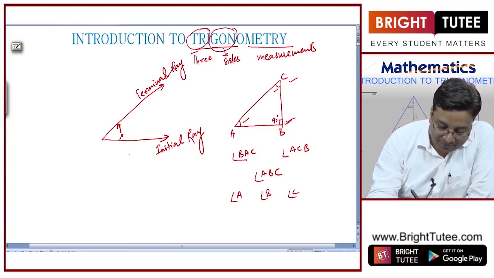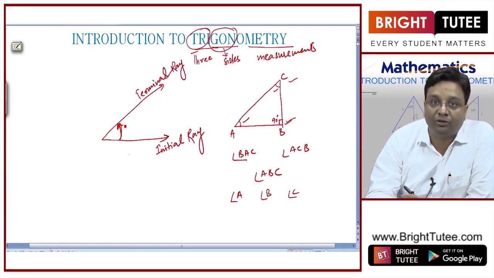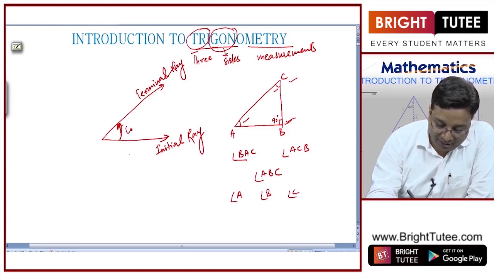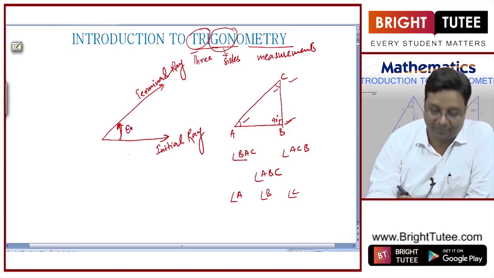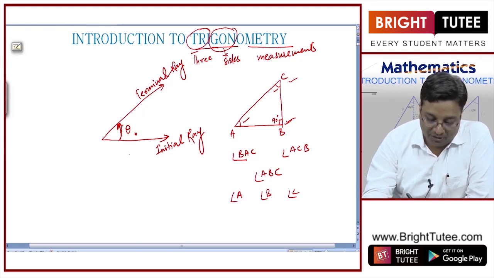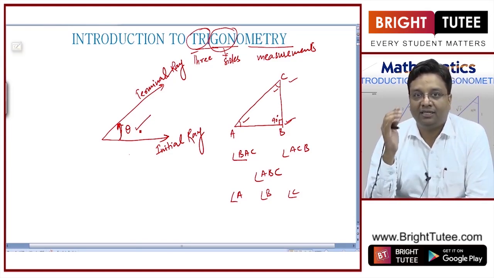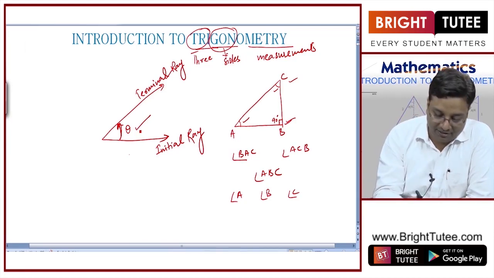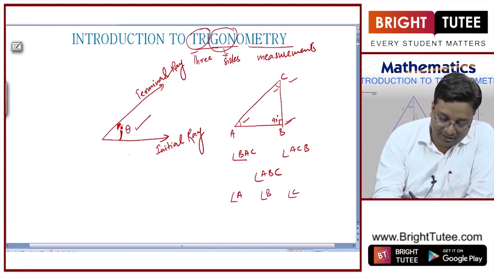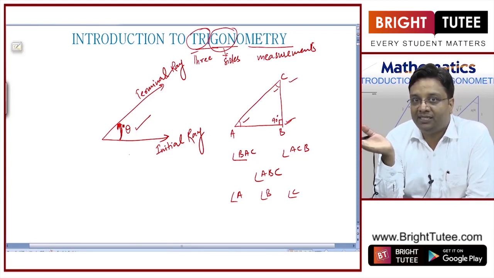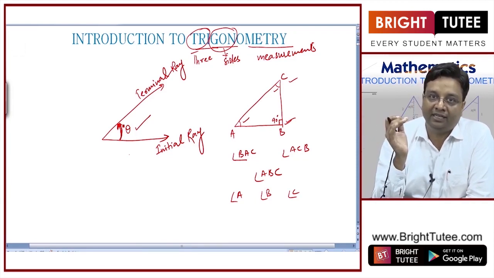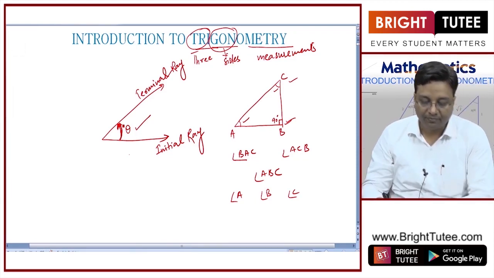So this is the angle that we are talking about, right? Let's denote it by letter theta. Okay, this is theta. So theta is the angle here, and we always measure angles anti-clockwise, right? This is the angle when I go from initial ray to final ray anti-clockwise, right?